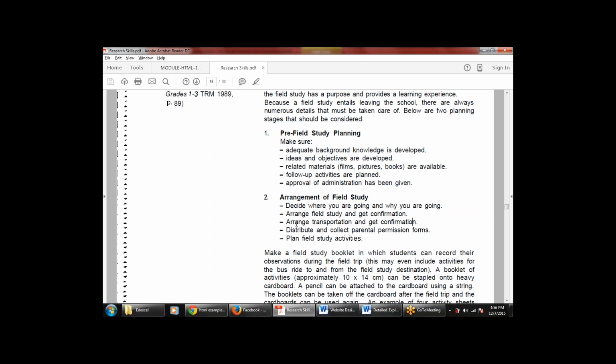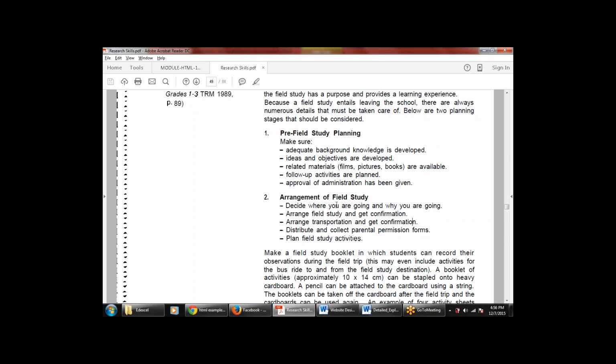Then arrange the field study and get the confirmation, that is, what the field study is and how you will confirm it. Then arrange the transportation and get the confirmation. That means for going on the field study, you must decide the main transportation part and the confirmation part.